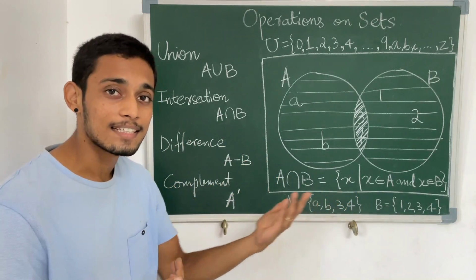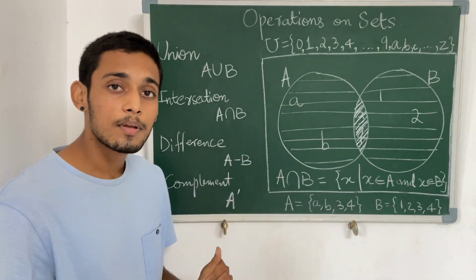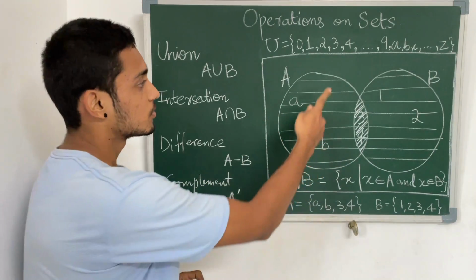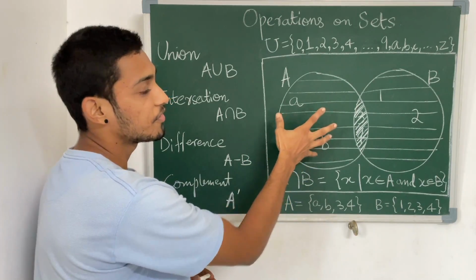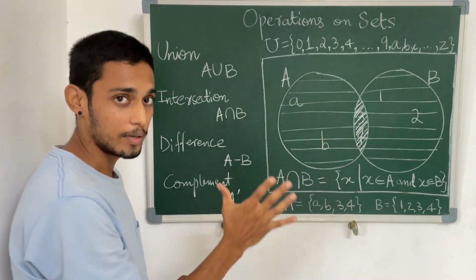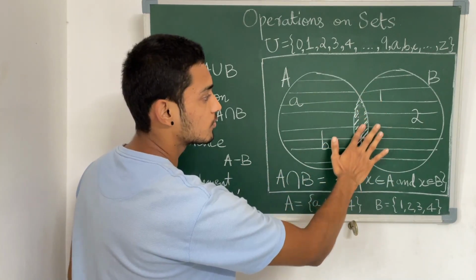So how can we write it in set builder form? First, let us see how with this example we can understand A minus B. So this is the set A, correct? From this particular set, if we remove the common elements which were there in A and B, that is the intersection part, so you remove this part. That's it, you remove this part.